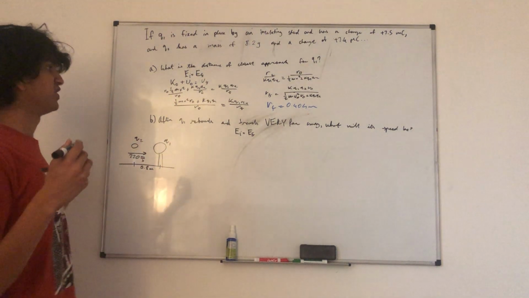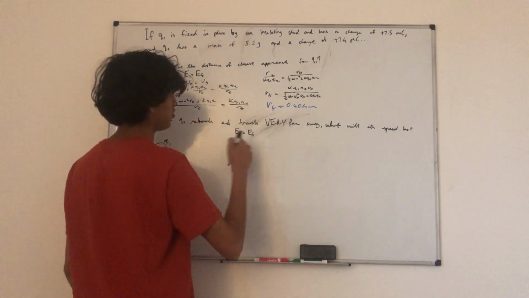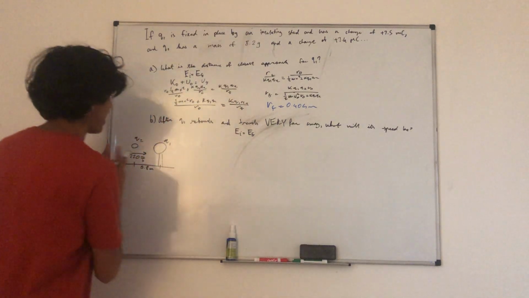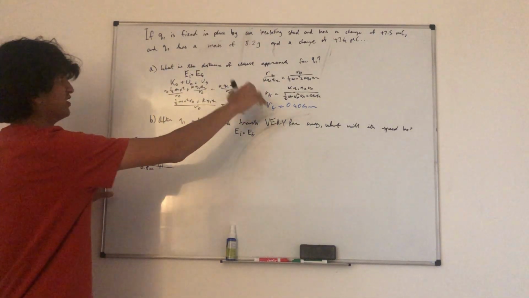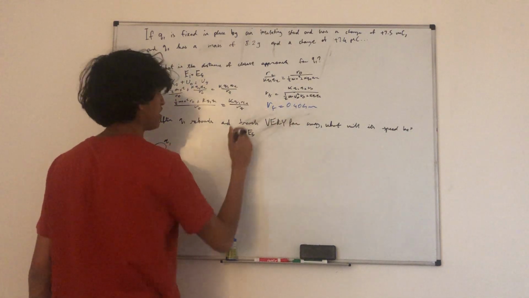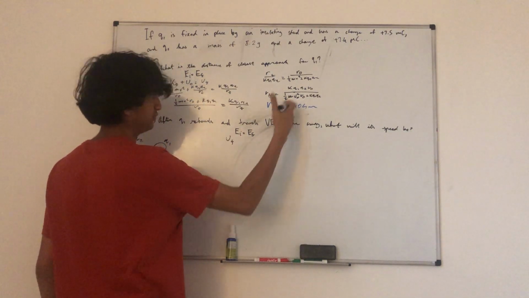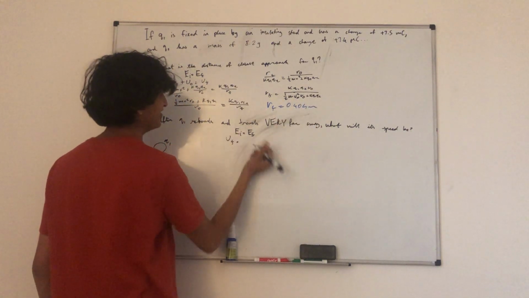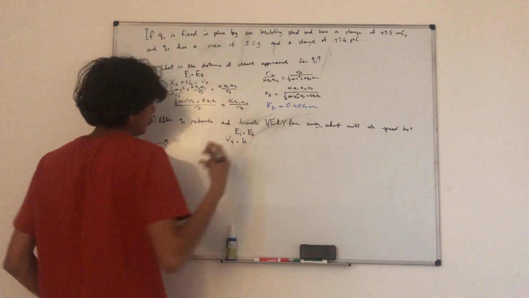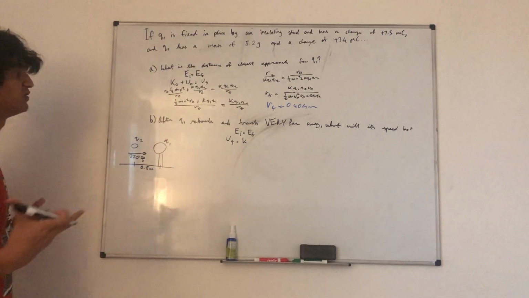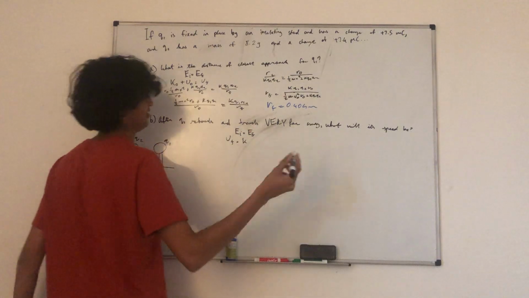So that's just something to keep in mind. When you're at rebound, you have all your U final that you just calculated. That is going to equal kinetic energy. All the energy is going to be stored kinetically. There's no potential energy at the end.